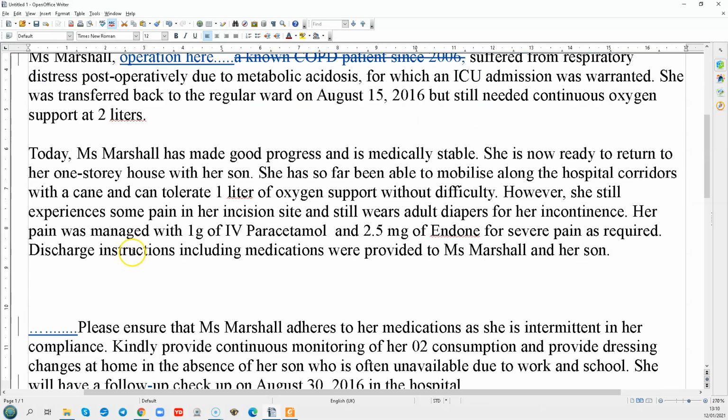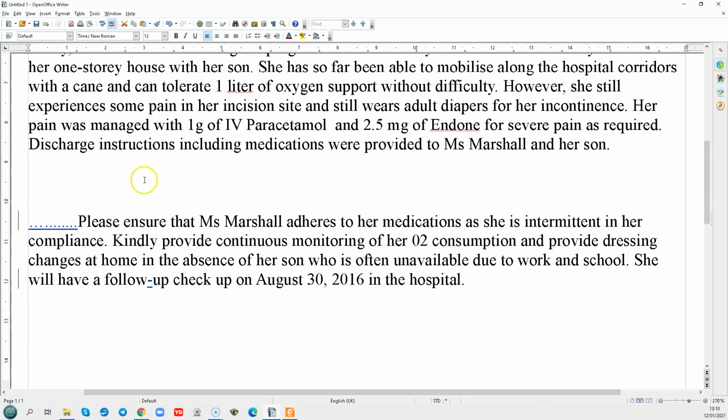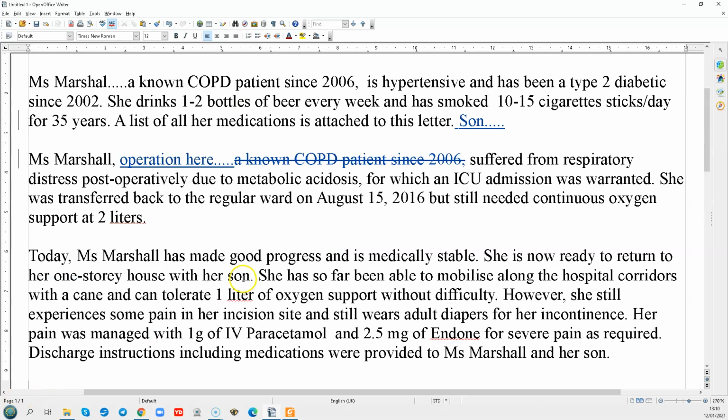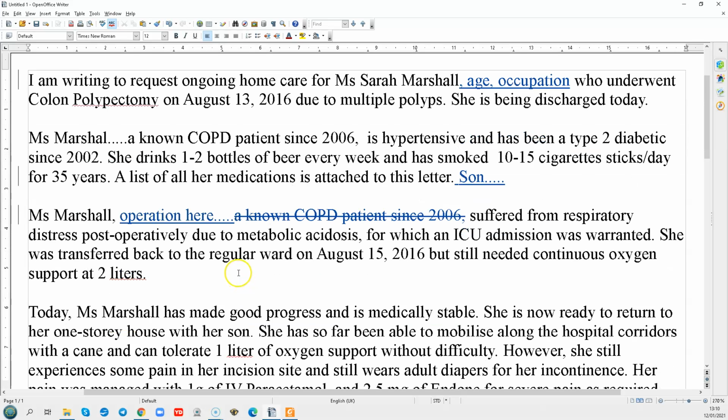All they want to know is what you want them to do. You want them to go around the house, make sure she takes her meds, change her dressing, monitor her oxygen, and that's it. So, not too bad. Again, this is why the audience and purpose part is important here.